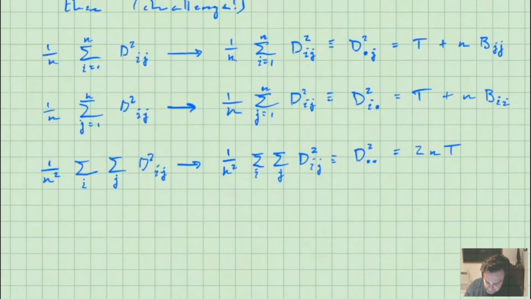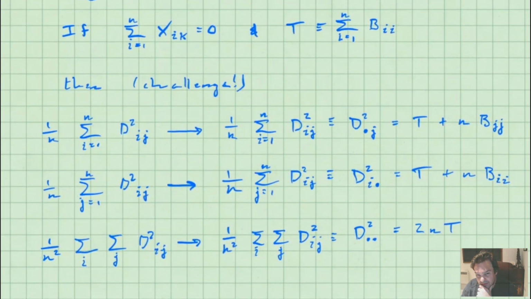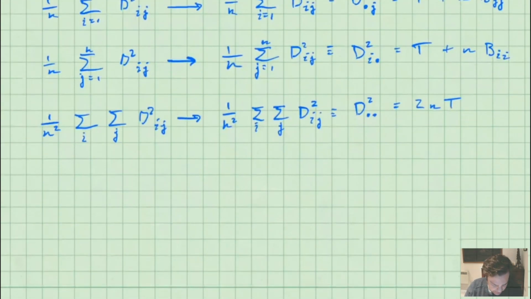Okay? So that's the first challenge, is to show that these things hold, right? When you enforce the centering condition. I wouldn't say it's super easy, but you should be able to do this one. And then the second thing, and this I think is a bigger challenge. And remember, I'm not going to expect you to be able to do these.